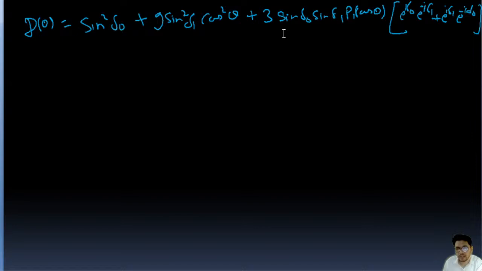Okay, so now for the minimum value, what we are going to do is, here we can put this value, delta 1. So this is going to be 9 sine square, the delta 1 value is going to be delta naught by 2.